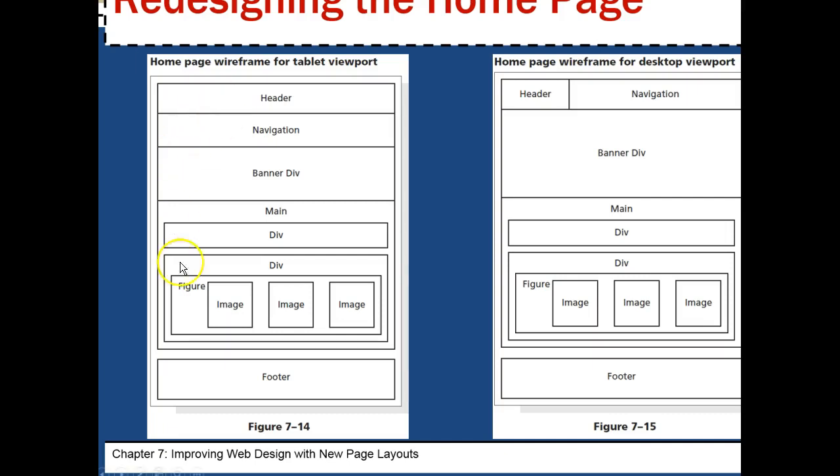So we are putting the figure element here and another figure element here, and we want to use the banner div. So this is for the desktop viewport and this is for the tablet viewport. So this is what we can do to follow what we need to improve.